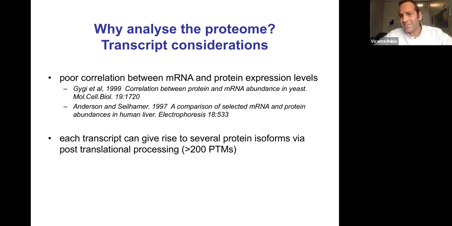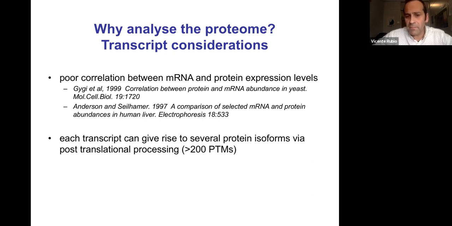Also, another consideration is that a transcript can produce many different isoforms of a protein depending on the post-translational modification occurring on that protein. This is also very basic and generic.